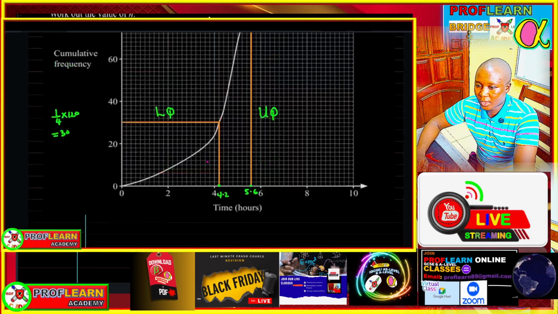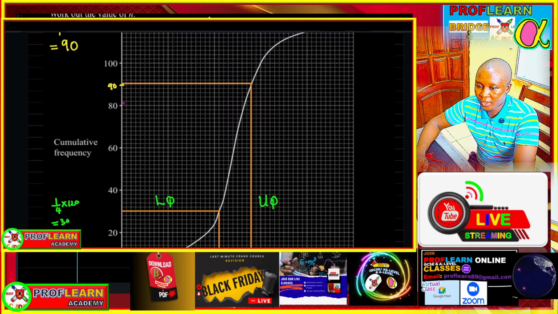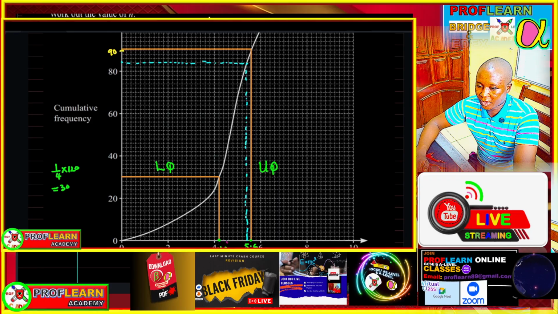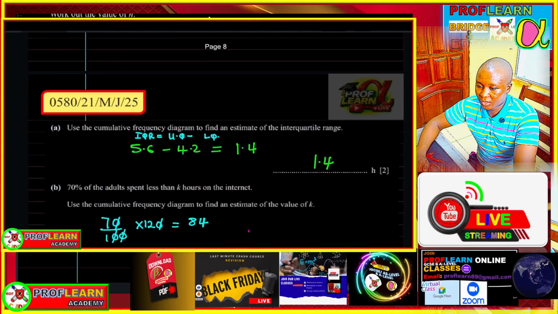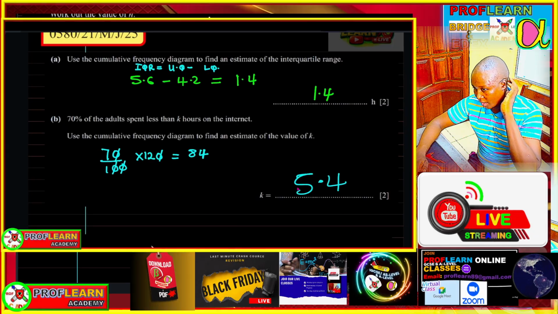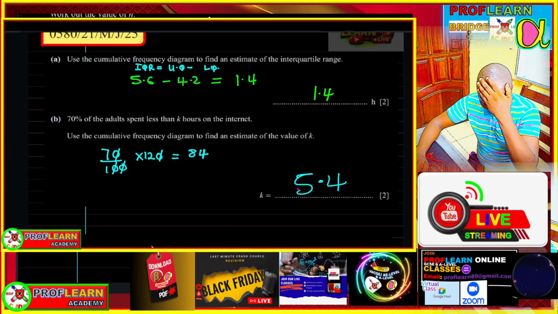Then you check where we have 84 somewhere here, then you meet the curve and you read that value that we have down here, which is around 5.4. So K is going to be 5.4.